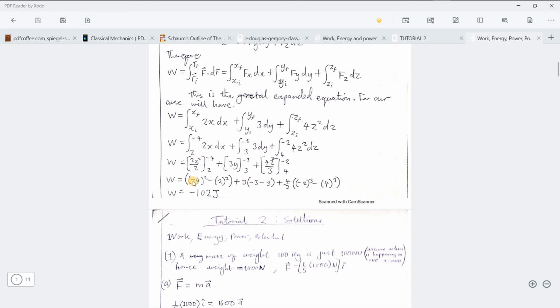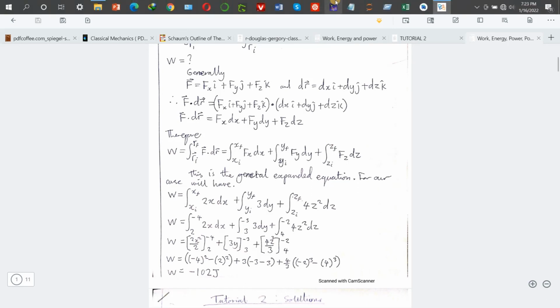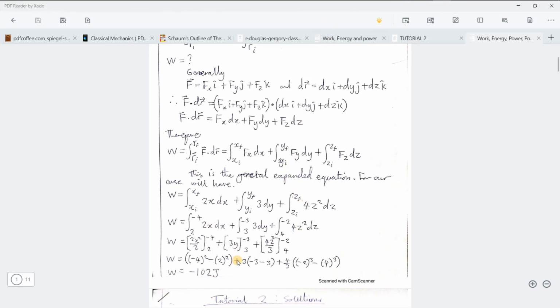Alright, and finally, after punching this whole thing in the calculator, you get minus 102 joules. So this is our final answer, negative 102 joules. So there you have it. We've solved our first question here, and we've got negative 102 joules.